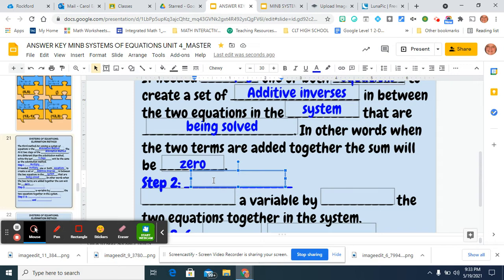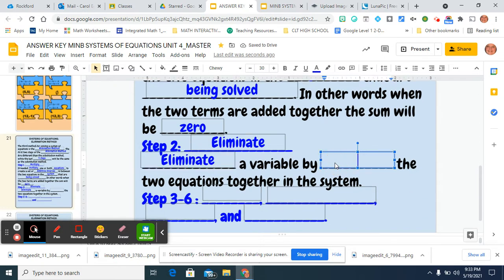Step 2 is going to be eliminate. Eliminate a variable by adding two equations together in the system.